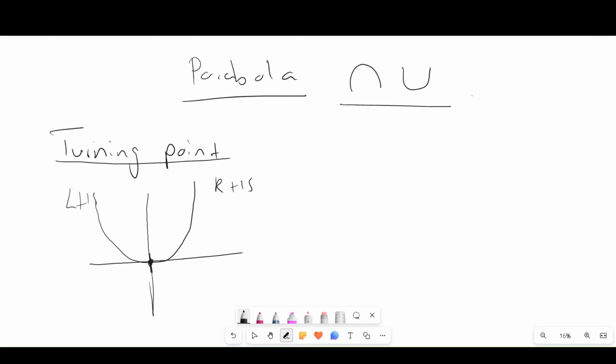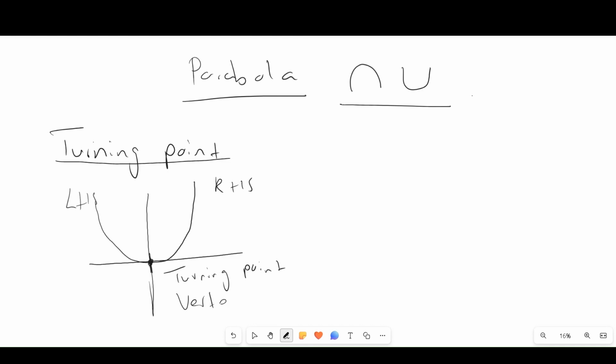But for my private school students, we will have what we call a vertex. This point is called a vertex. For my public students, this is a turning point. Turning point, right? And for my private students, it is a vertex.